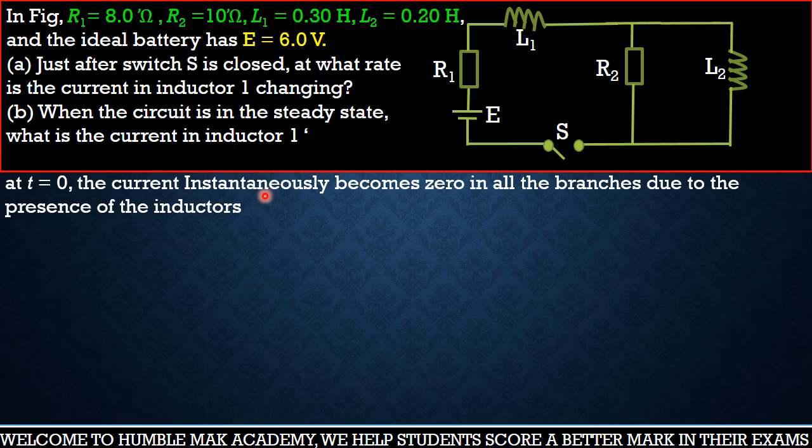Just after the switch has been closed, that is at t equals 0, the current is 0, and the reason is the presence of inductors.